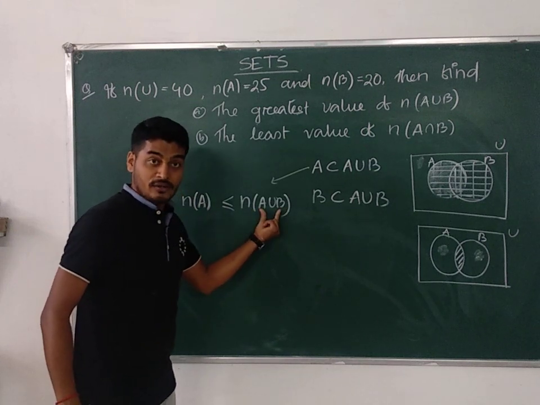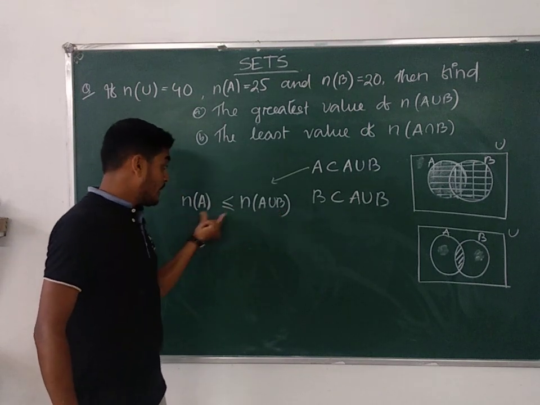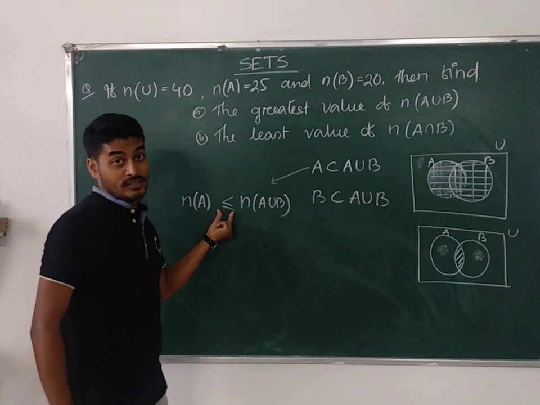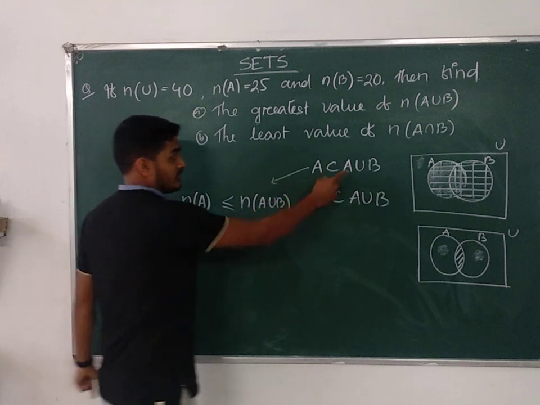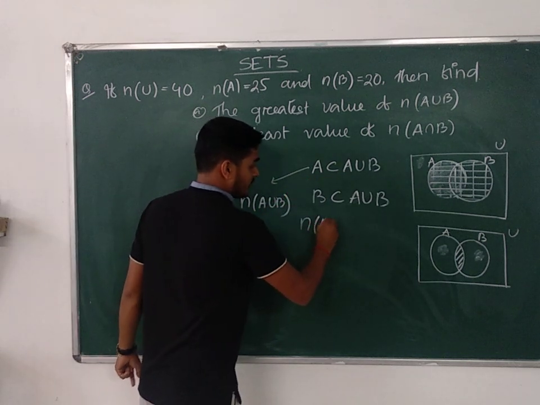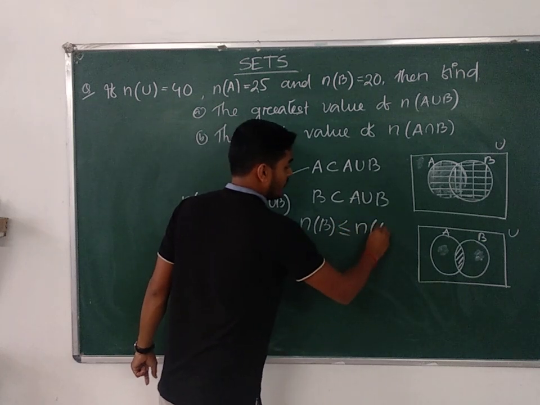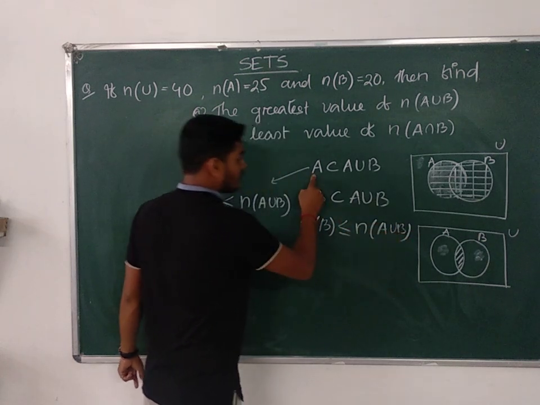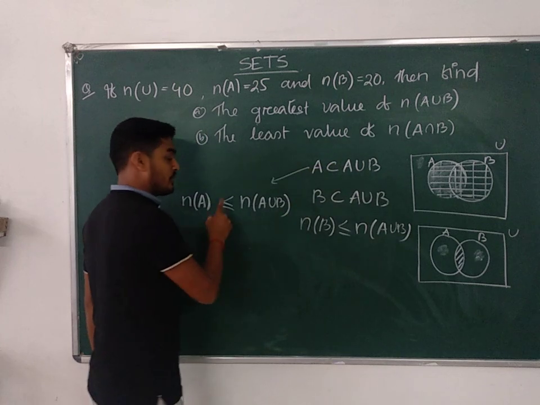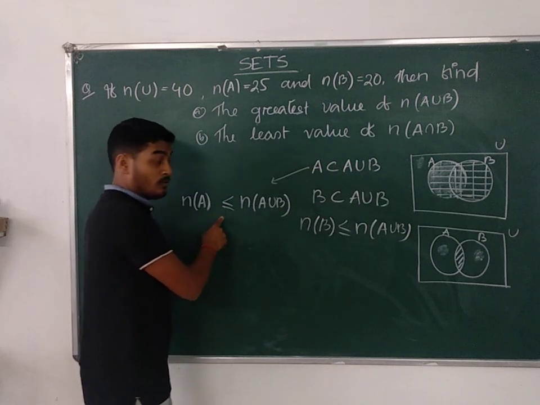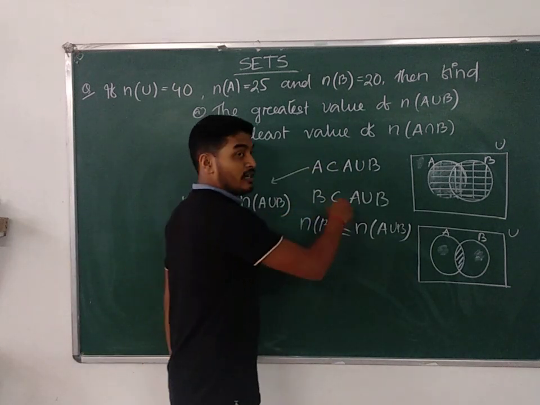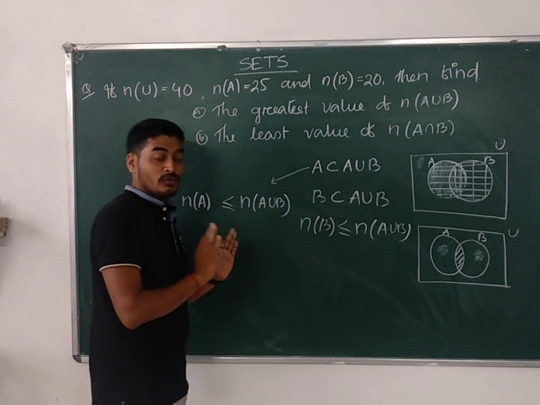A union B thoka element or honkha represent korise. As you are comparing numbers, that's why it should be either less than or greater than. So n of A is less than or equal to n of A union B. Similarly, n of B is less than or equal to n of A union B. Ta mane A thoka element or honkha union thoka element or honkha ke hoday saman ba kom hobo. B thoka element or honkha union thoka element or honkha ke hoy kom ba saman hobo.